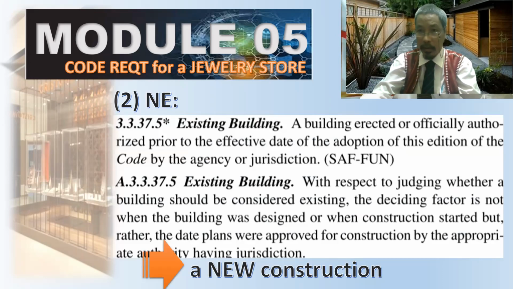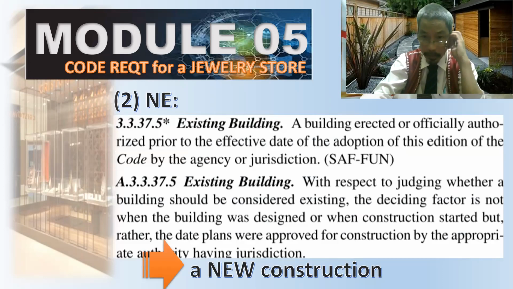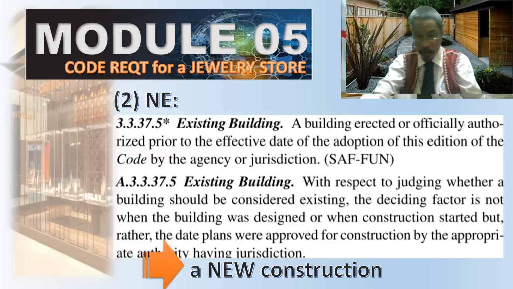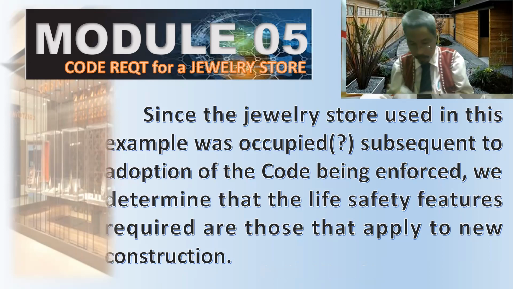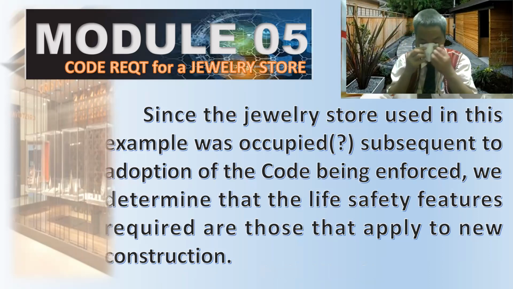So there's no approval yet. Therefore, it is going to be new, because the contention is the approval date by the authority having jurisdiction. So let us go to the next one. This is the explanation.